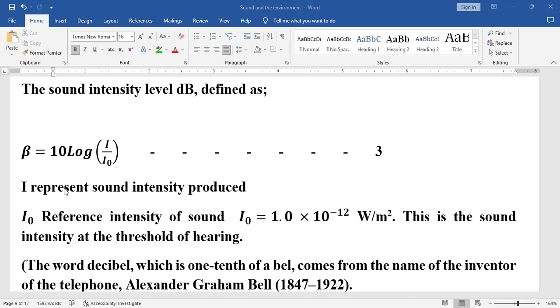You can see the I here represents the sound intensity produced, and I naught represents the reference intensity of sound, which is a constant of the order 1.0 times 10 to the power minus 12 watt per meter squared. As I said earlier, this is the sound intensity at the threshold of hearing.